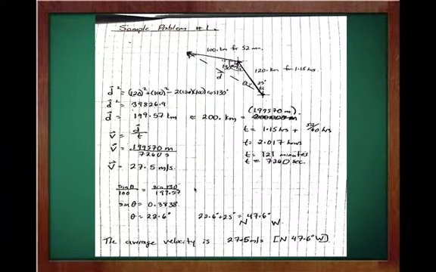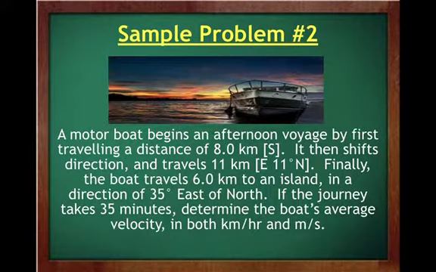So instead of getting it in kilometers per hour and dividing by 3.6, another way you could have approached this was turn your kilometers into meters, figured out your time, turned it into minutes, turned it into seconds, and then gotten your velocity by doing meters divided by time in seconds. You get the same value, right, of the 27.5. Okay, so there are other ways of approaching this. Do the one that works for you. Okay? All right, so now we have sample problem number 2.